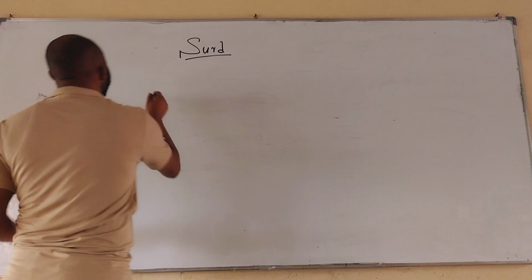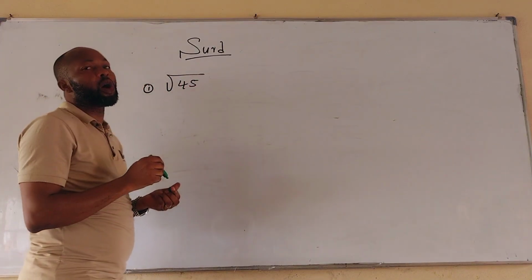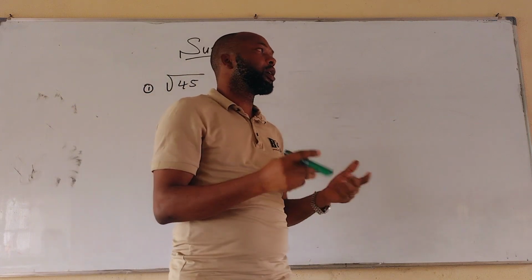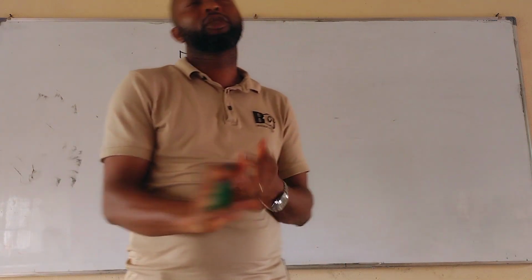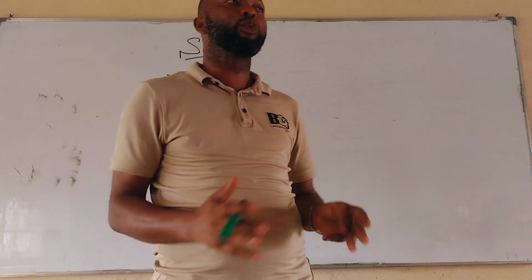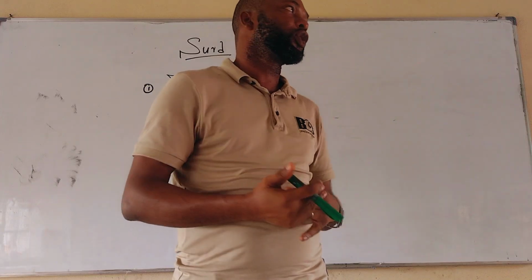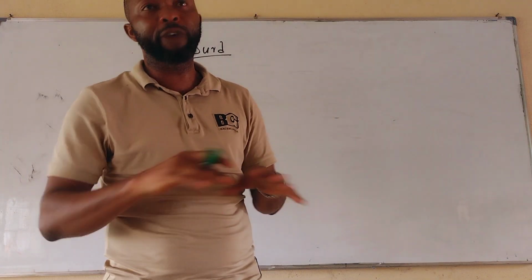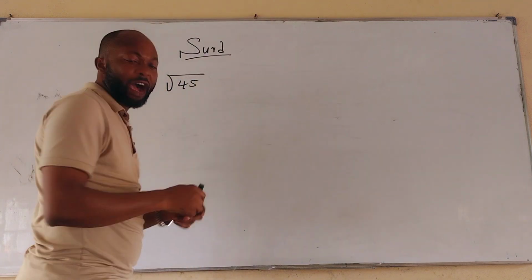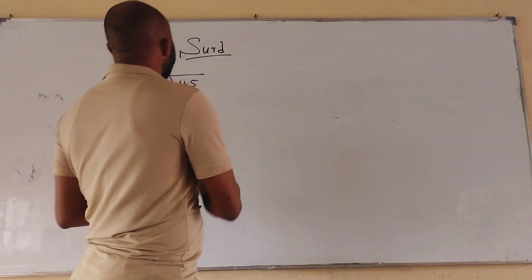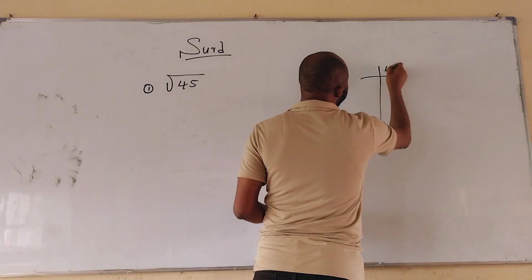If you remember your lowest common multiple very well, I'm trying to show the easiest way in which we can break down a number to its simplified form, so that you can deal with any number given to you without problems. So now this is root 45. If I want to simplify it, it's good to do it this way. You have your 45 here.